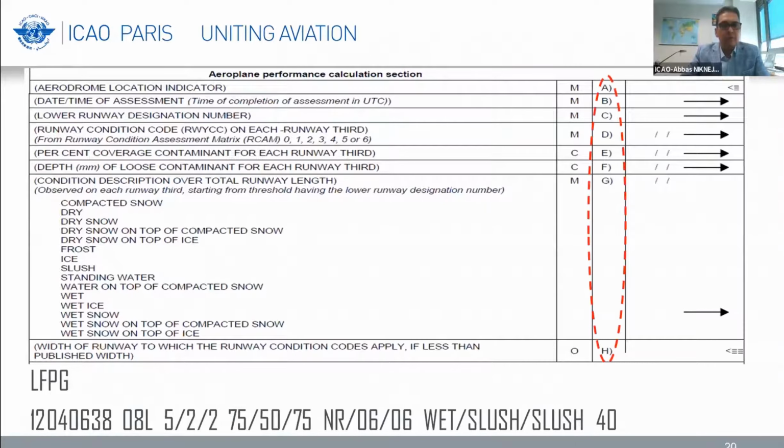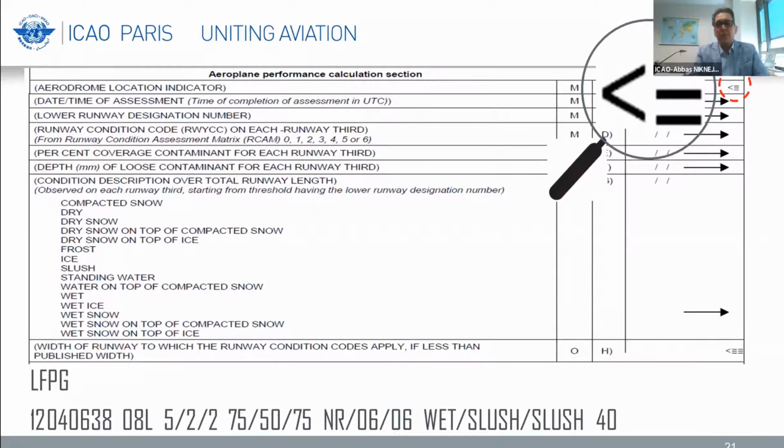So if I move through the elements, you can see the column highlighted in red shows the item indicator, A, B, C, D, and so on. As mentioned, it will not be reflected in the message. It's just for our reference. And then these M, C, and O letters show that this item or element is mandatory, conditional or optional.